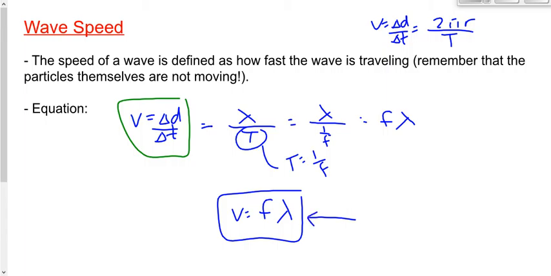This equation, by the way, is really just a special form of v equals d over t, specialized to waves, and we often call it the universal wave equation. One more little thing before I do an example and give you a couple of questions to work on.